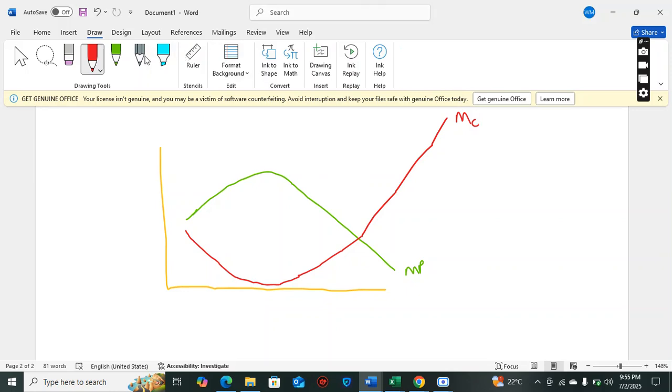Now, here in this relationship, what we can see is when marginal product is increasing, meaning each worker that you're bringing in is bringing more output, and more output means more revenue. So they're bringing more revenue than what they are costing you.